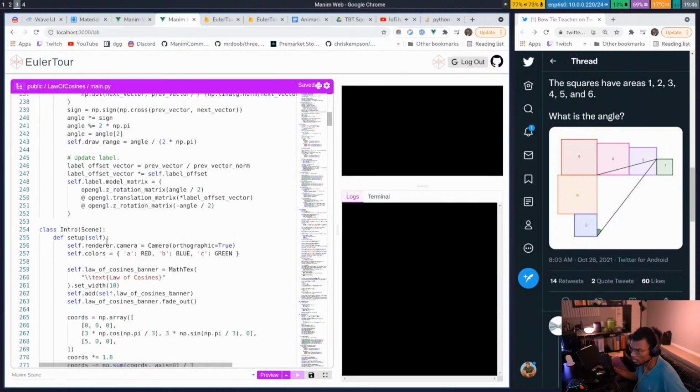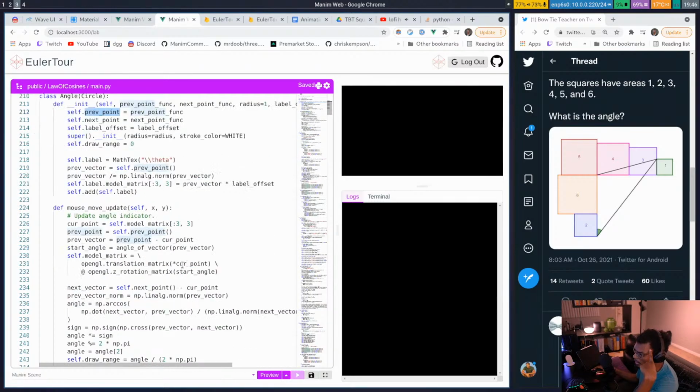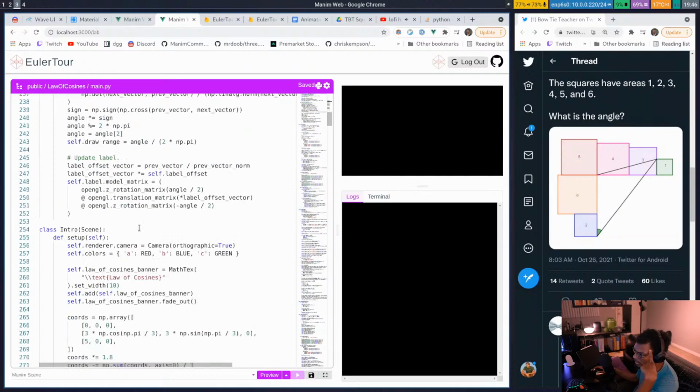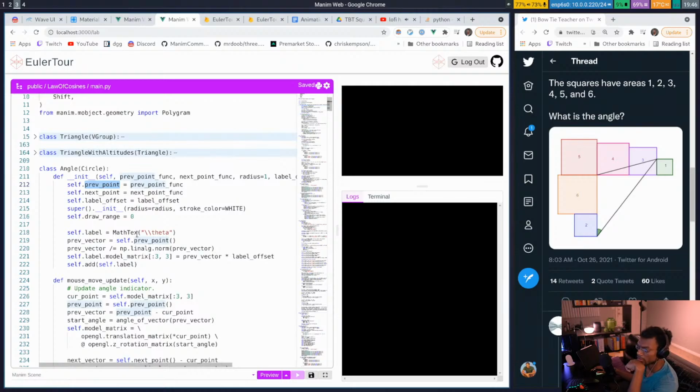There's the angle. Now what does this take? Previous point and next point. Okay, and then it just has itself. That's where the center is. Oh, and it's a function too. Wait, what? Oh, it calls that function, so it's trying to be dynamic. I guess it is being dynamic.